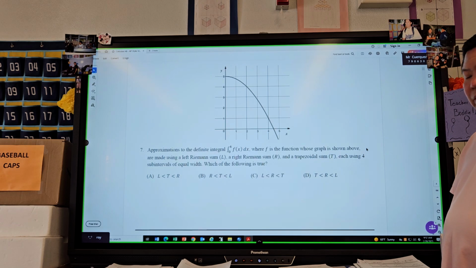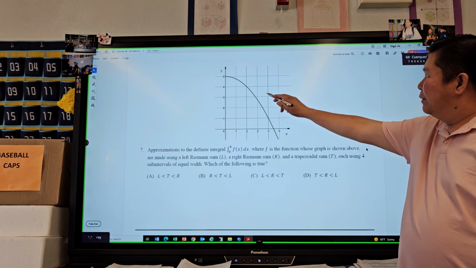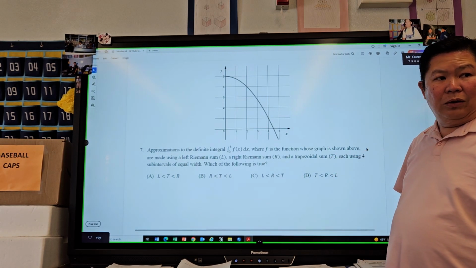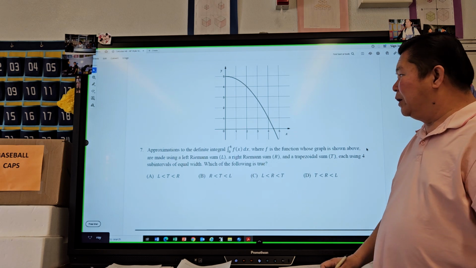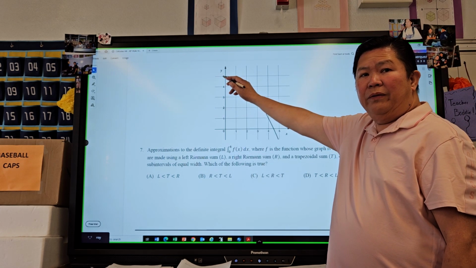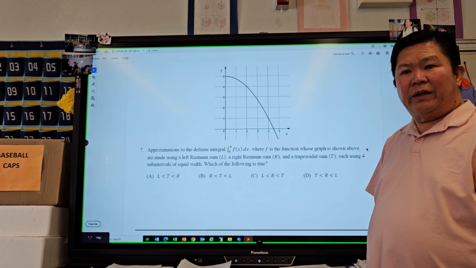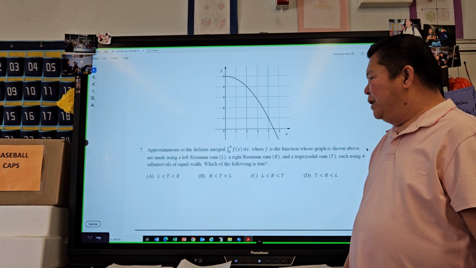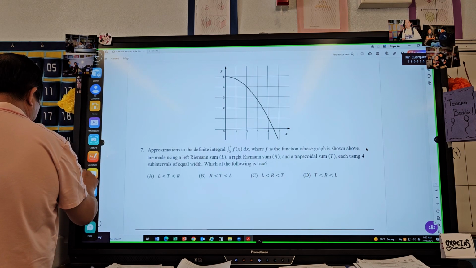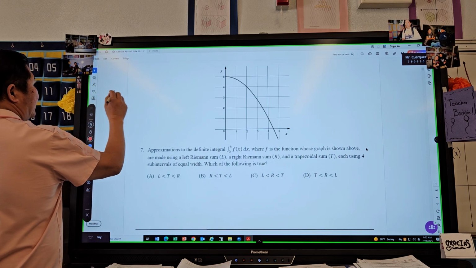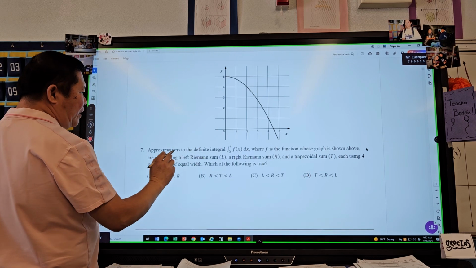Okay. Now, I'm going to do color coding for this one. The black color is the function, right? The given function. And what you notice with this given function, decreasing or increasing function? Decreasing function. Okay. So I just leave that as is. Can I just call it t as the function?